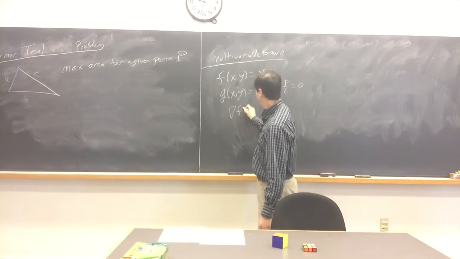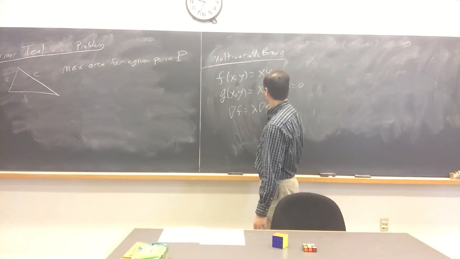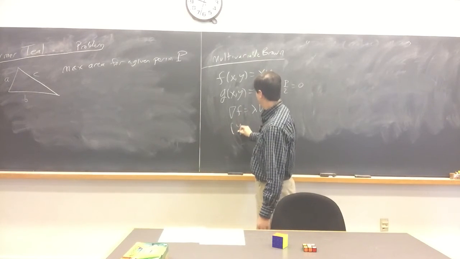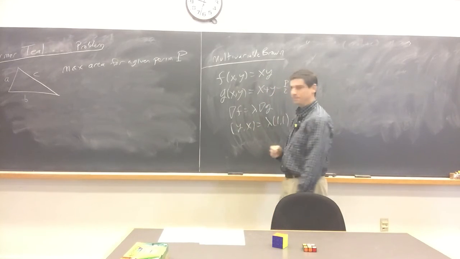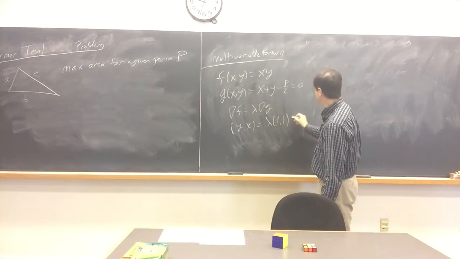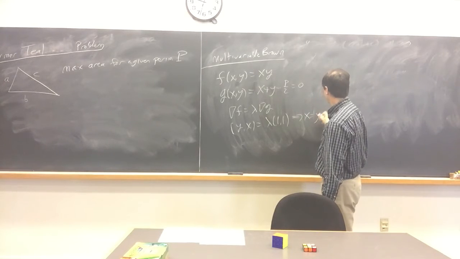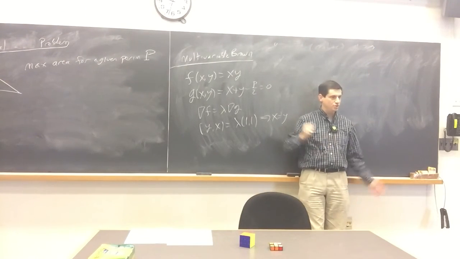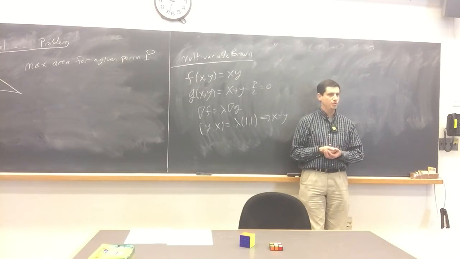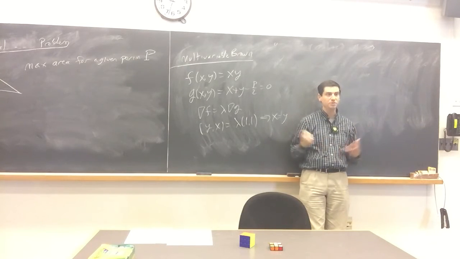Then grad f equals lambda grad g. So when you take it, you get (y, x) equals lambda (1, 1). So this implies x equals y. And then now that you know x equals y, you can substitute. So you can do Farmer Brown using multivariable calculus.